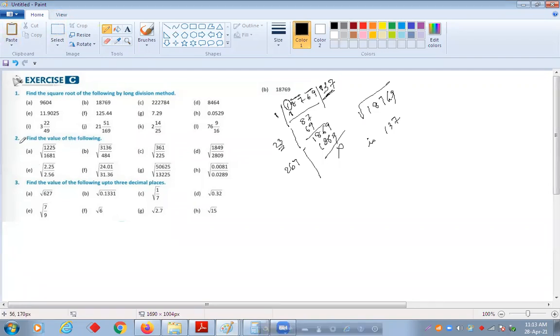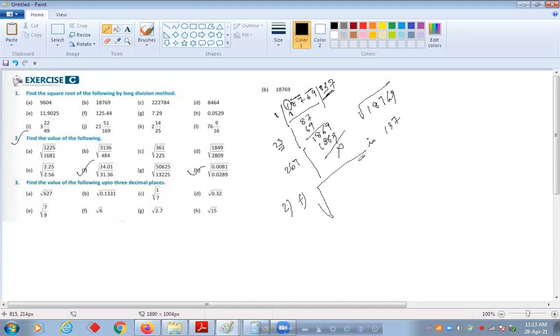Now question number 2. Find the value of the following. Your request is this one; I'll come back to it later. First, I'm doing question number 2F.